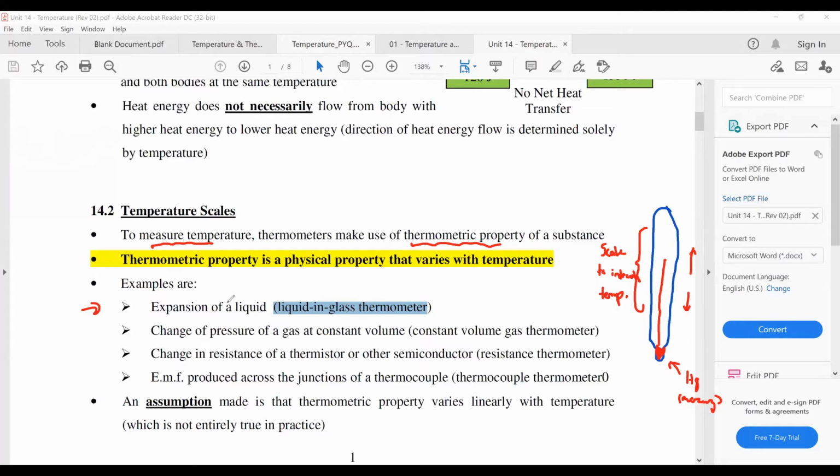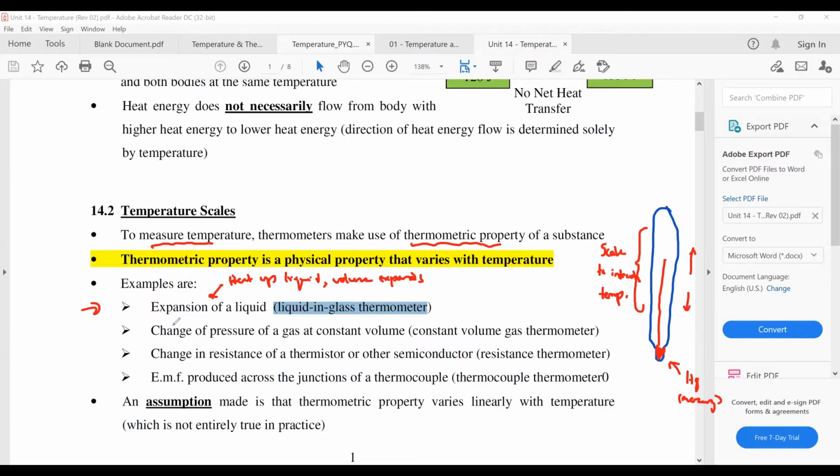You know that when you heat up liquid, the volume expands. So what you're doing here is that you heat it up, hoping that the heating will cause the liquid to expand. So when it expands through the capillary tube here, it will indicate to you the temperature.